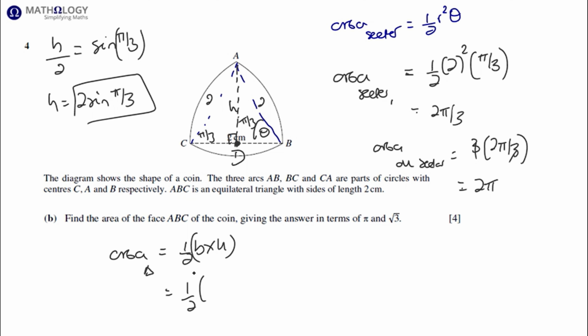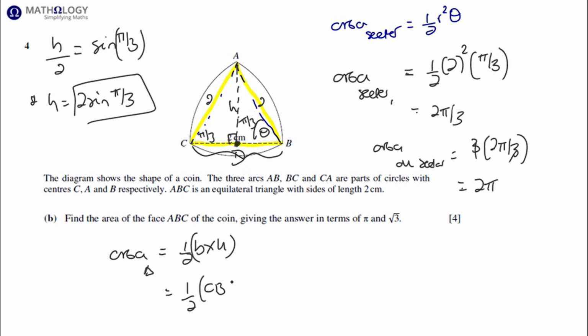So the area of the equilateral triangle is half base times height. If we look at equilateral triangle ABC, the base is CB and the height is h, AD. We've just determined the height h, and BC is the side of the equilateral triangle, which is 2.